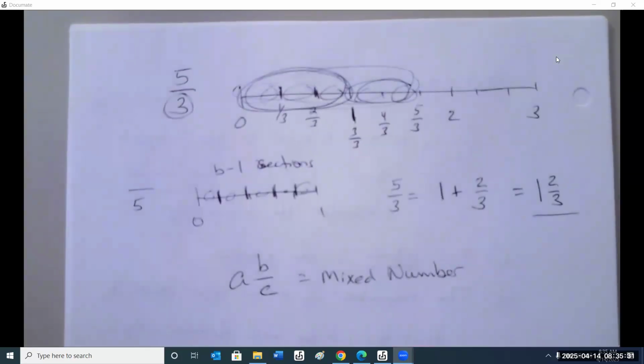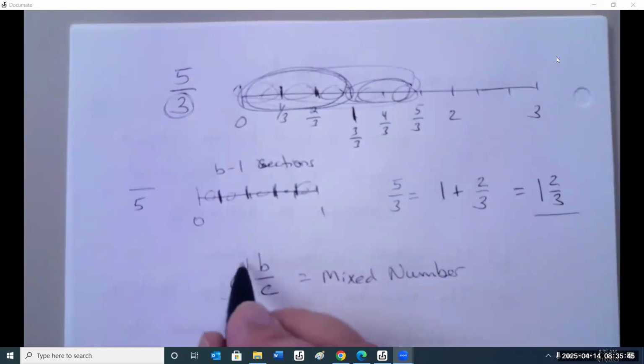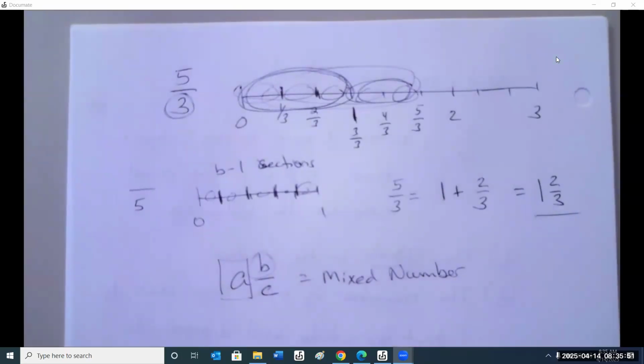That is a mixed number, where A is the number of solid integers that are in that number, and B is the leftover amount.